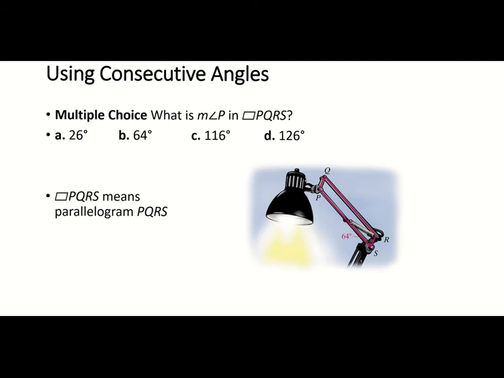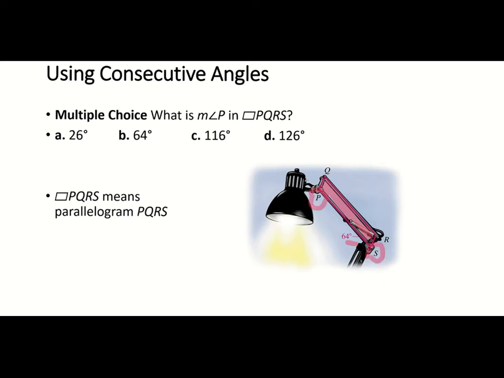Okay, so here we have a lamp, and the arms of the lamp happen to form a parallelogram, and this is parallelogram PQRS. I know that angle S is 64 degrees, and they want us to find angle P. So S and P are consecutive angles.